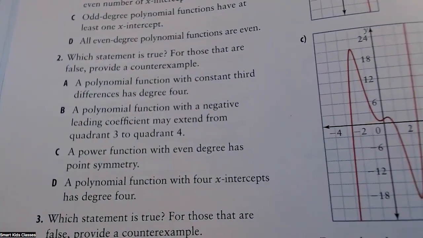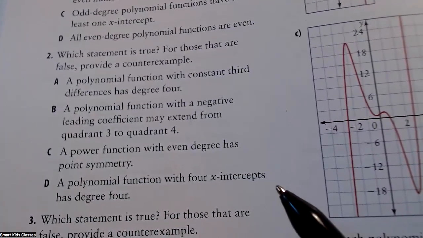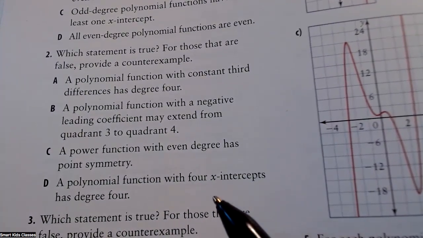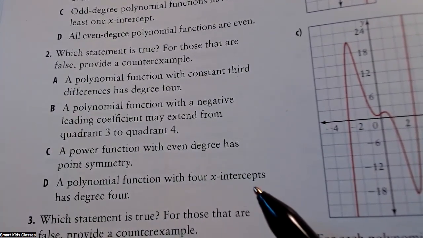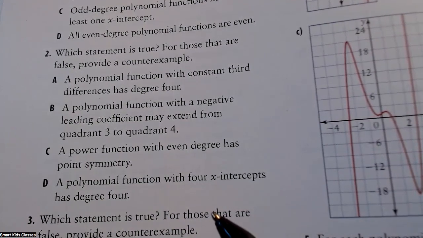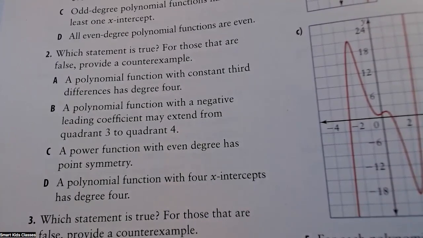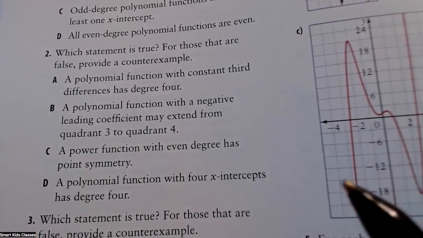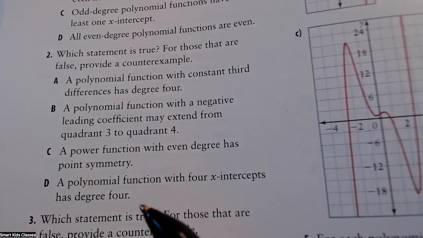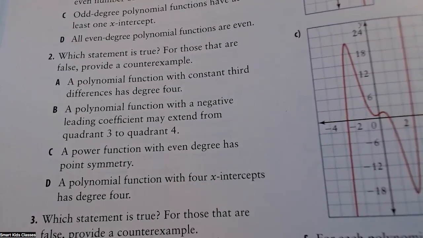Now we are going to do the last one for question 2. So 2D. A polynomial function with 4 x-intercepts has a degree of 4. Is this true? No. So the intercept doesn't represent the degree. Let me show it to you.